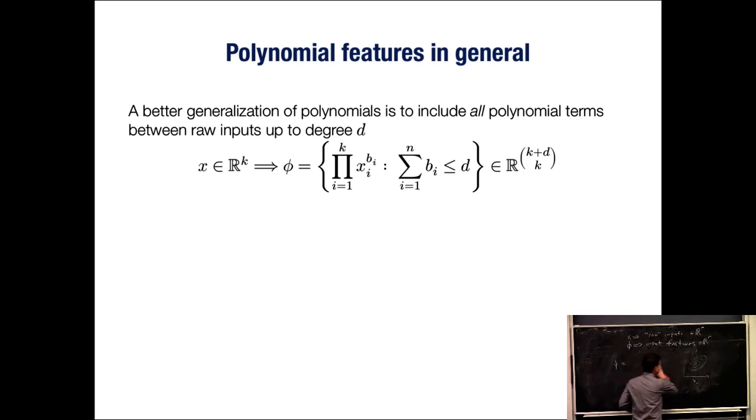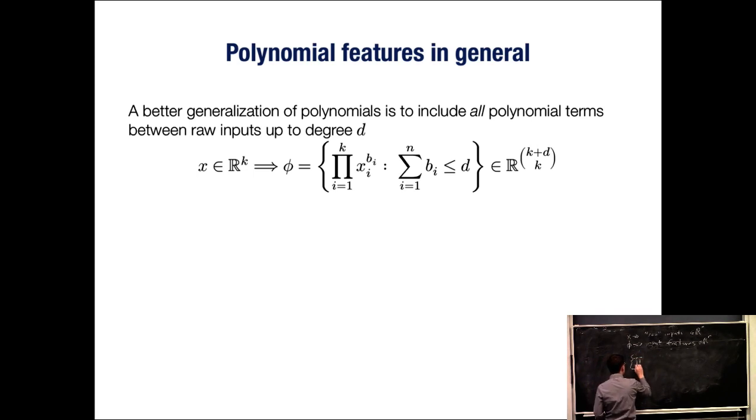I'm going to use set notation here, but to be clear, what I mean is that phi is a vector that contains all those elements. So phi is going to be a vector that contains the following elements.